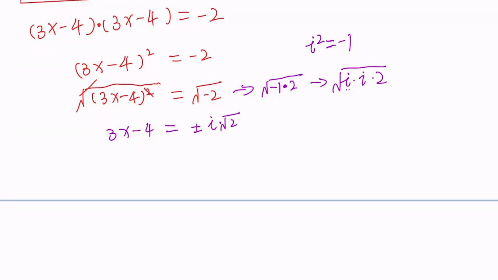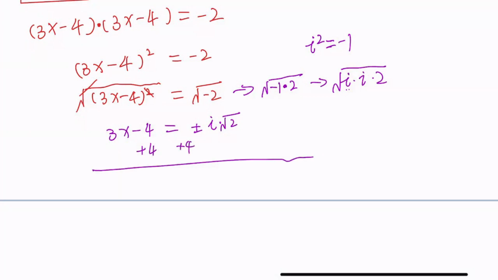Okay. And then we just need to solve this part. So isolate the x here. So we need to plus 4 on both sides. So then we get 3x is equal to 4 plus or minus i times square root of 2.